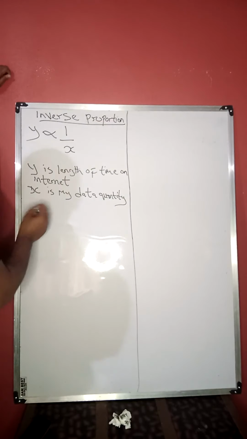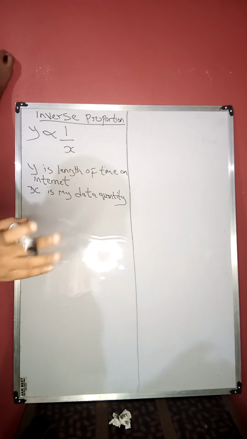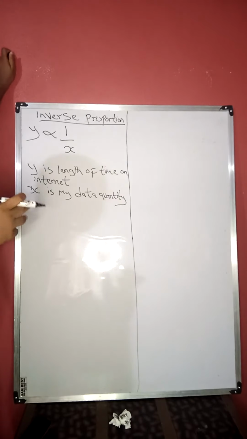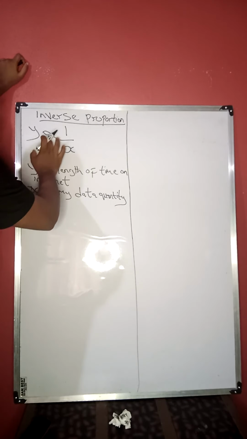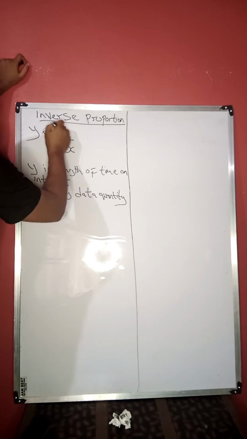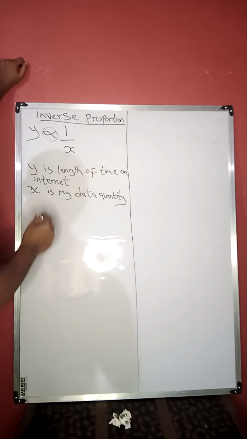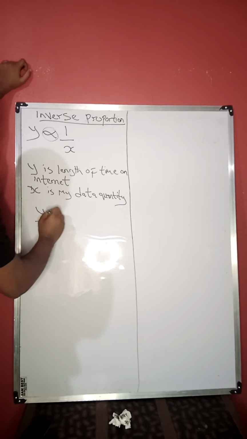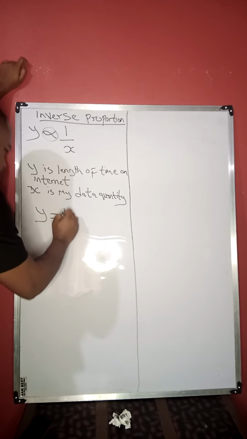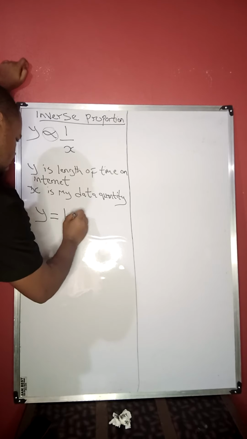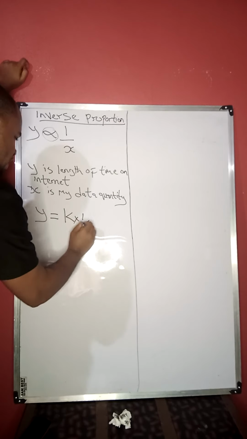Alright, now I told you when we were introducing variation, we said what? That you need to remove this proportionality sign. And to remove the proportionality sign, what happens? You introduce your equality sign. So I'll be having my y to be equal to, I introduce a constant k multiplied by my 1 over x.